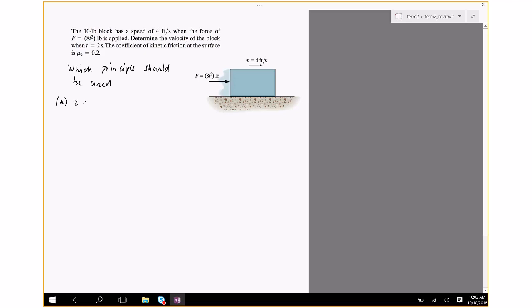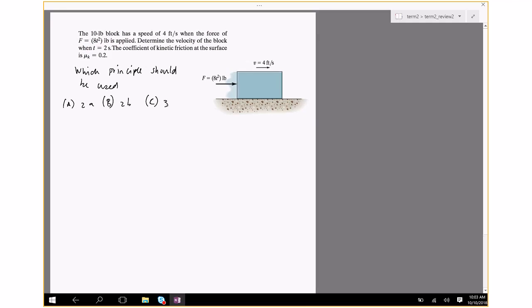We'll do a multiple choice question. Okay, so first question is, which principle would you apply to solve this problem?